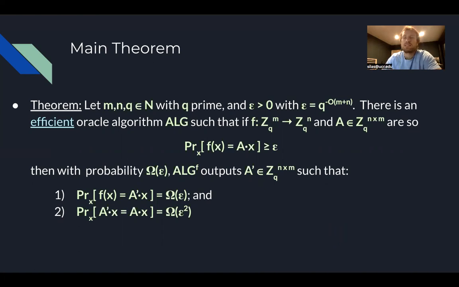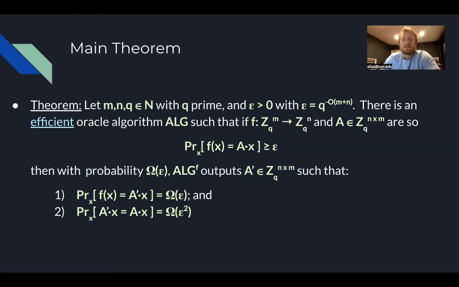Again, the proofs are more or less the same as in the binary case, so we state it over the larger field. Anyway, there's an efficient algorithm which gets oracle access to a function, and if there exists a matrix such that F has good agreement with that matrix, then with good probability, the algorithm is going to output some matrix A prime such that A prime has good agreement with F and A prime has good agreement with A.